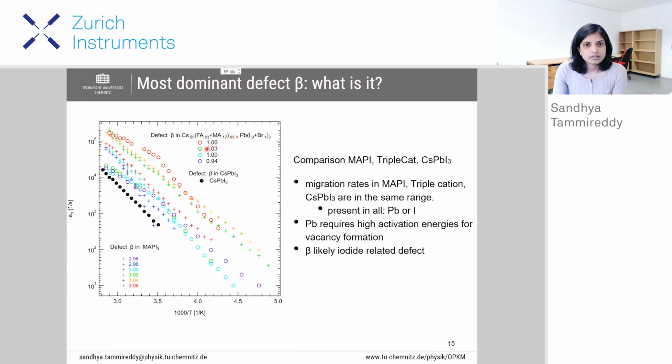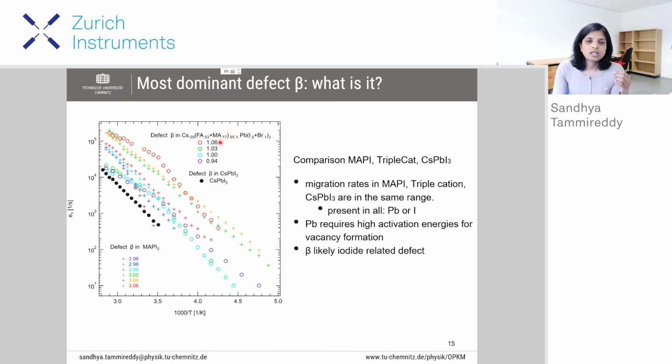And the circular ones are the triple cation data, which has a very complex composition. Even though they have such complex composition, when you compare both results, all the rates showed a similar range of values, indicating that whatever the defect you're observing seems to be present in both of the materials. That still doesn't help us because we still don't know what the defect is.